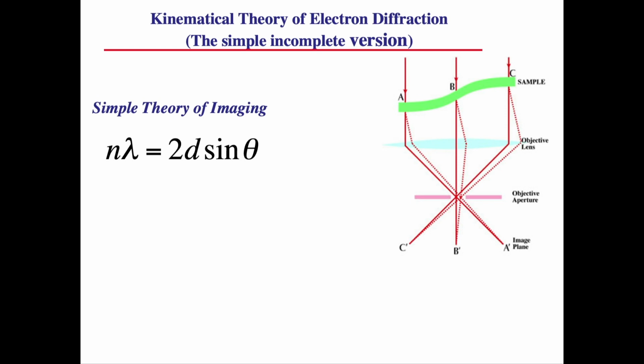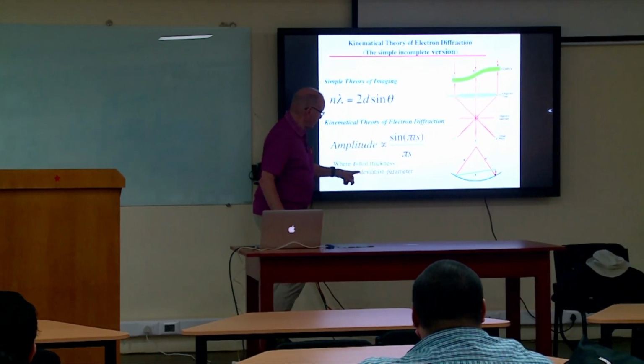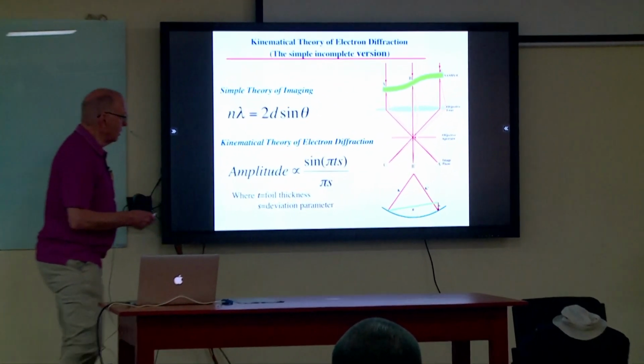And we can have a sample with a bend in it. That bend could be produced by a dislocation, or it could just be a bendy foil. And we can say that the amplitude scattered ends up looking like this, where T is the foil thickness and S is the deviation parameter.